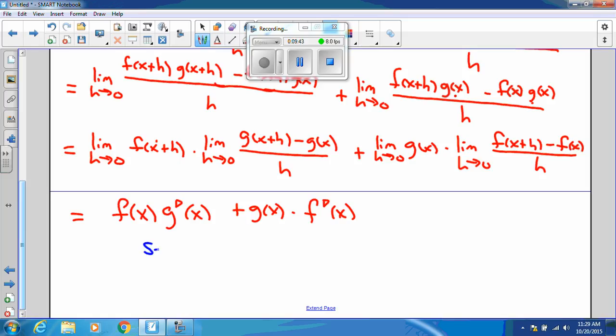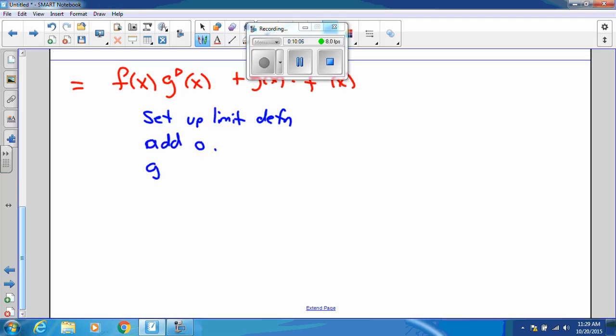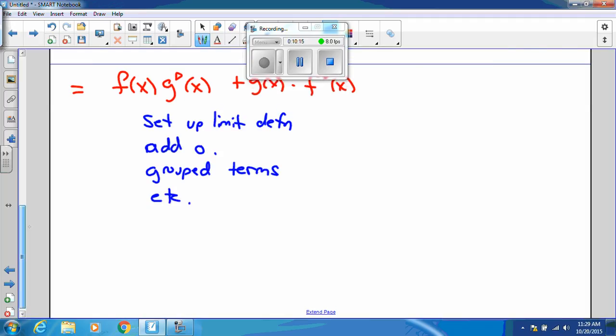The skeleton is, we set up the limit definition. We add 0. And it's a special 0 that we add so that we end up with common factors. As you practice this proof, that's going to be the hard one for you to remember. And once you do it once or twice, you'll see the logic of it and it'll make sense. And then we grouped terms and did what came naturally.